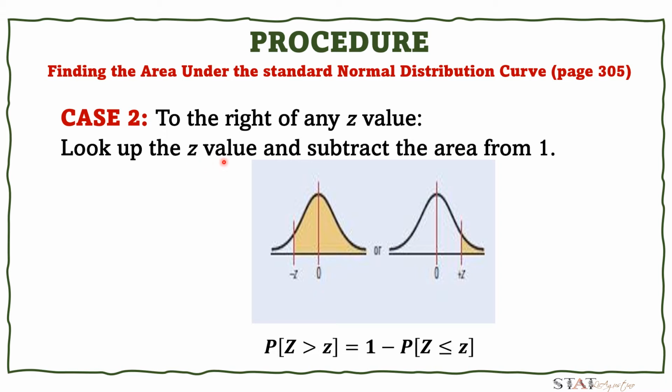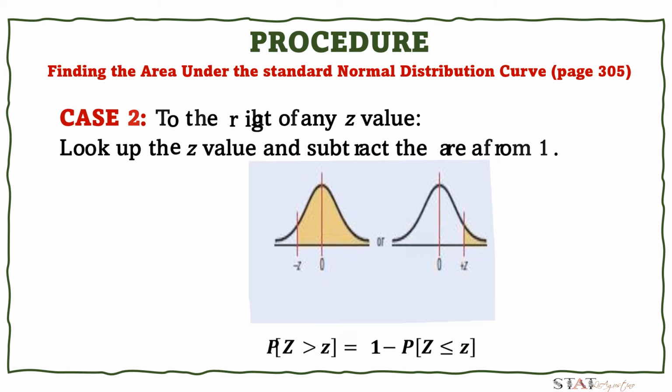So look up the z value and subtract the area from 1. Note that the whole area of the normal distribution is 1. So the probability of z greater than your z value is equal to 1 minus the probability of z less than or equal to your z value.